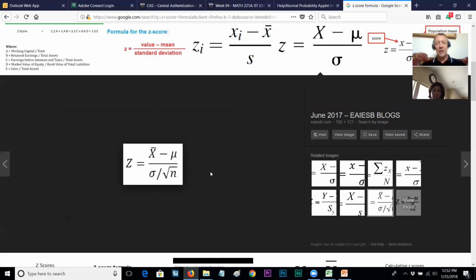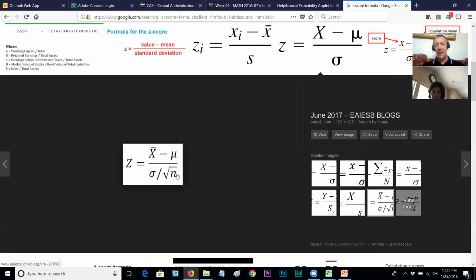In your problem, if an n is given to you, use it. So if it says your sample size is 36 or 42 or whatever the number is, this is the formula that you're going to use. If your question does not have a sample size, it just says you want to find whatever percentile, you can still use this equation.